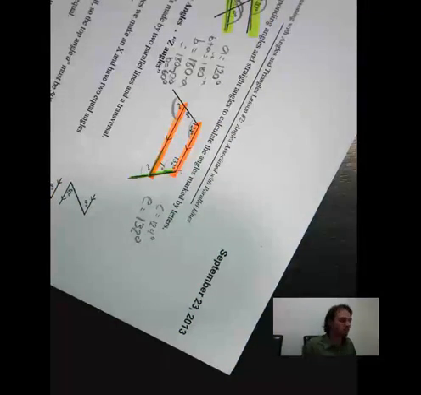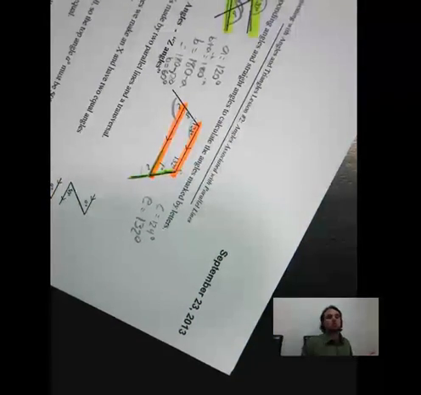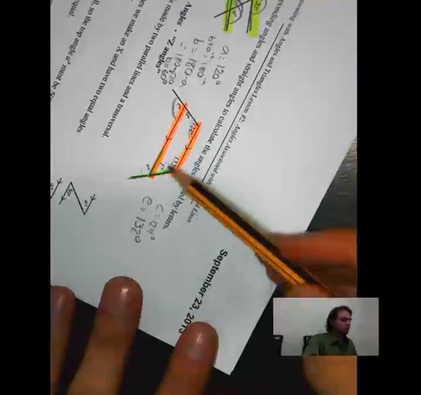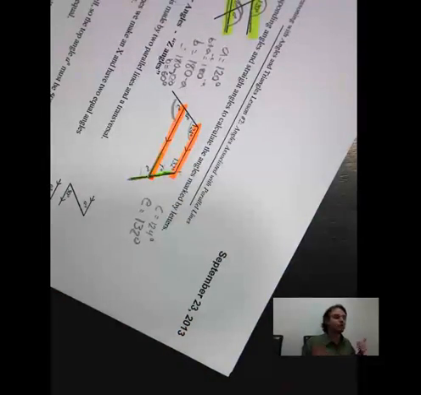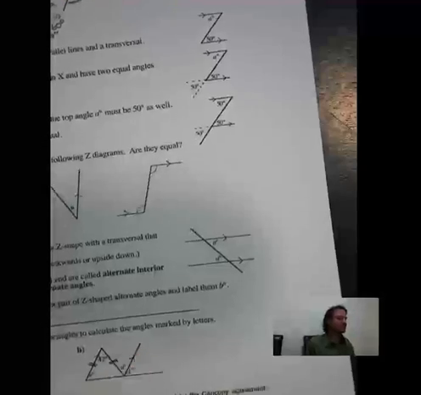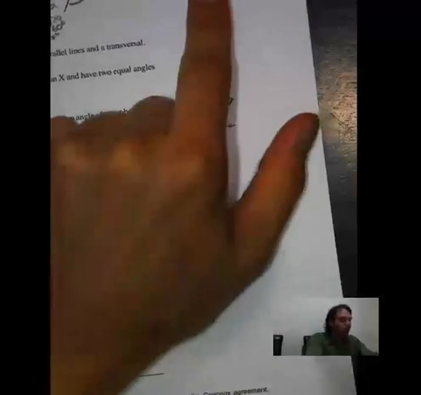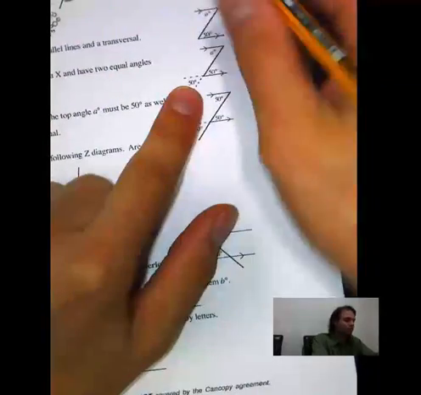Remember what we learned last class? Straight line and angles. So I have F and E. F plus E must equal 180, because it's a straight line with an angle. So we go back, F plus E is equal to 180. But we know that E is equal to 132.